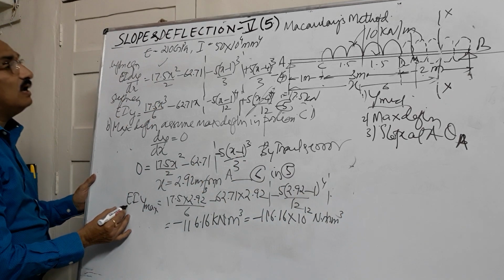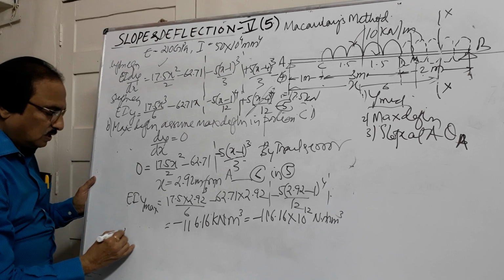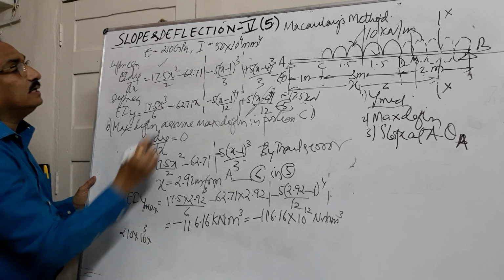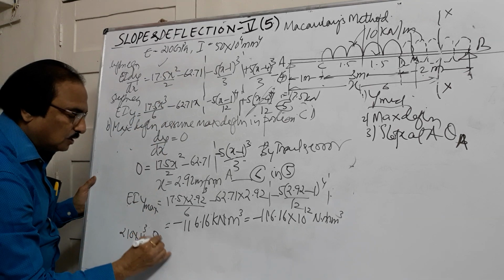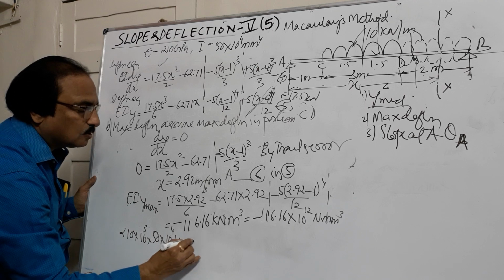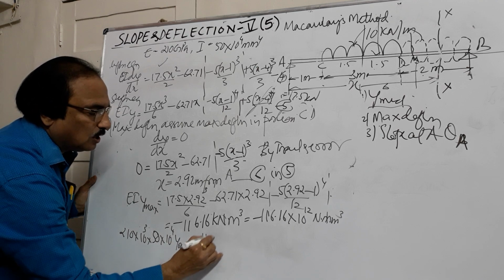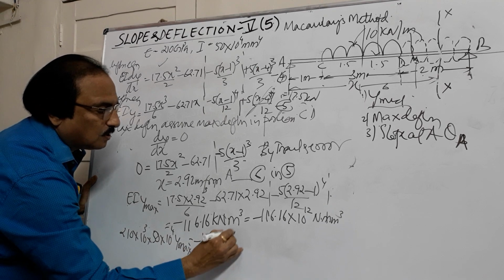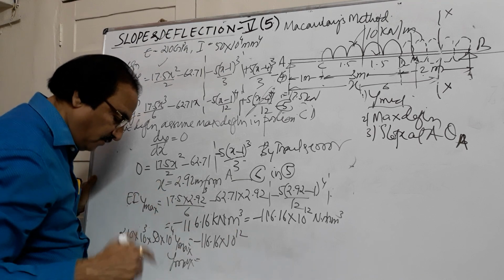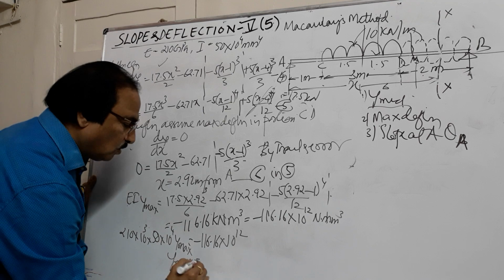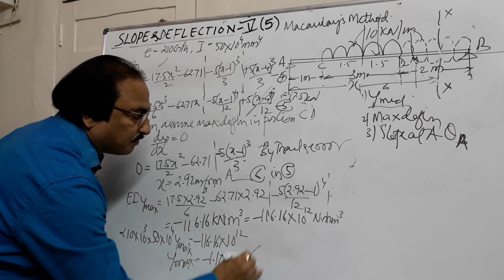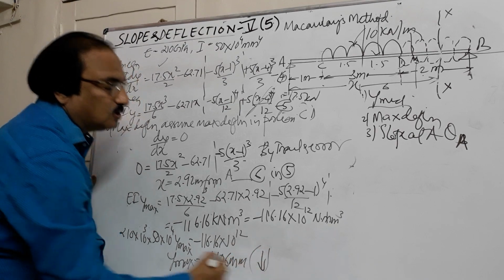Let us substitute the values of E and I. E is 210 into 10 to the power of 3, I is 50 into 10 to the power of 4. So y max, if you simplify, is equal to minus 1.106 mm. This is downwards because it is negative.